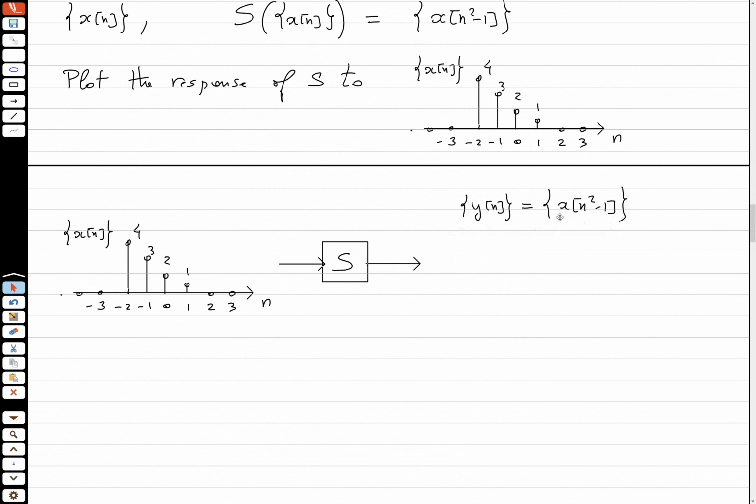So plot this. All right, so x of n squared minus 1 is not a time shift, it's some type of reversal, it's something we didn't see. So the only way to do it is to work time index by time index.